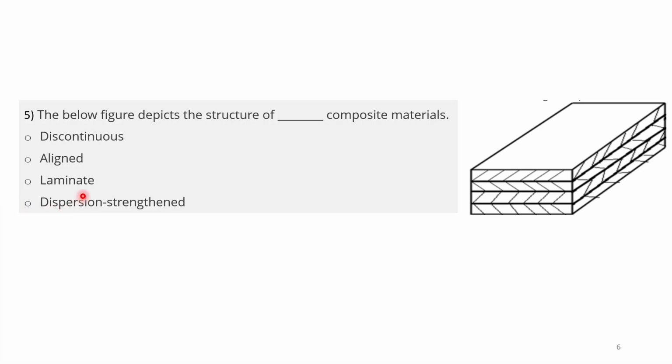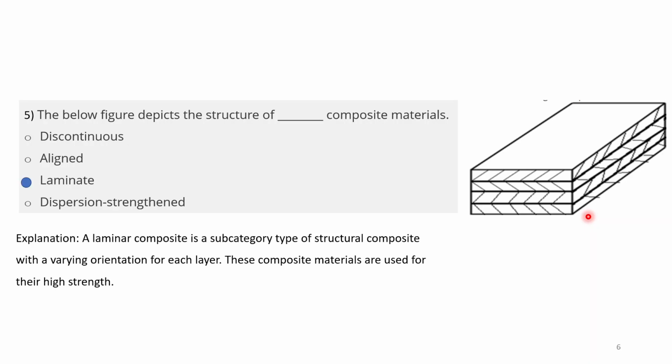In this case, you have a laminate type of structure because the orientation is changing in various layers. A laminar composite is a subcategory of structural composite with a varying orientation for each layer, and these composite materials are used for their high strength.